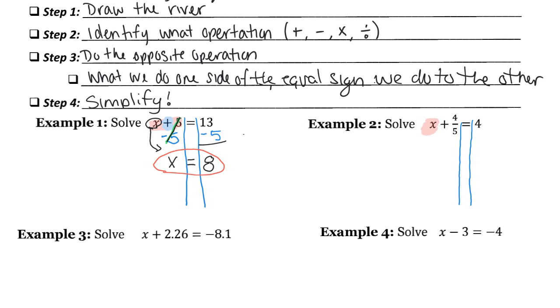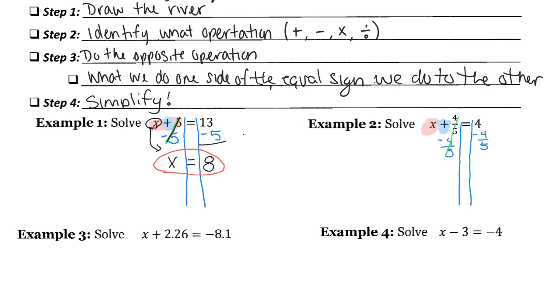We have an operation here. We have a plus sign. So we need to do the opposite operation. So the opposite of adding is subtracting 4/5. And what we do to one side, we have to do to the other. So we're subtracting 4/5 on both sides.